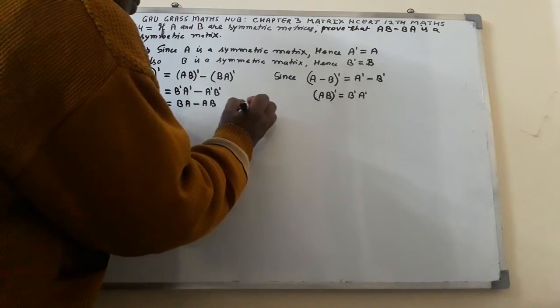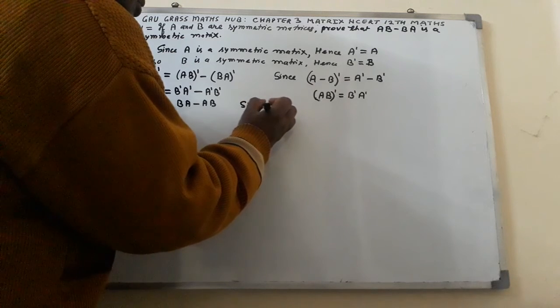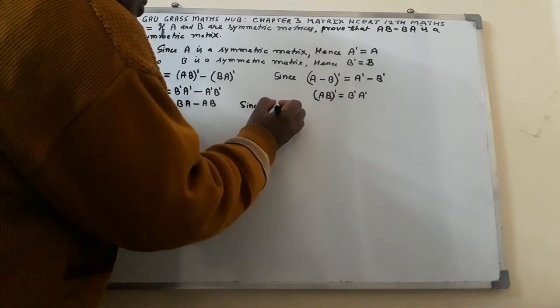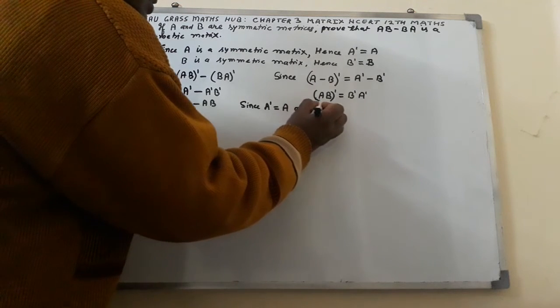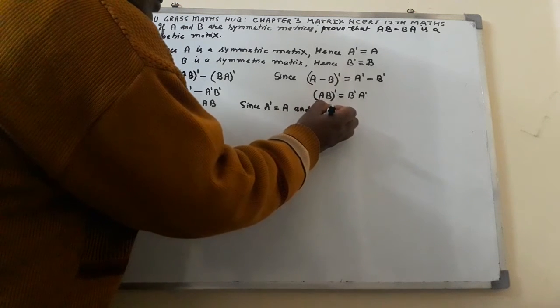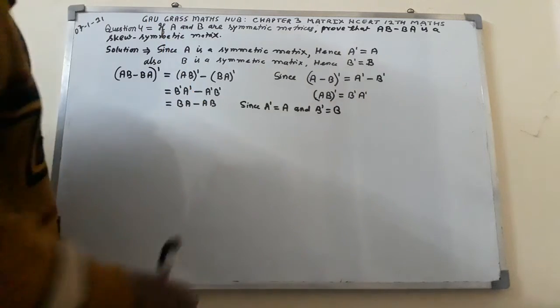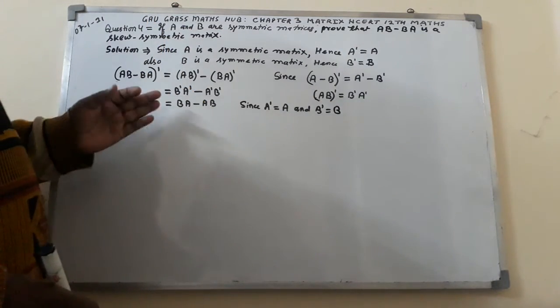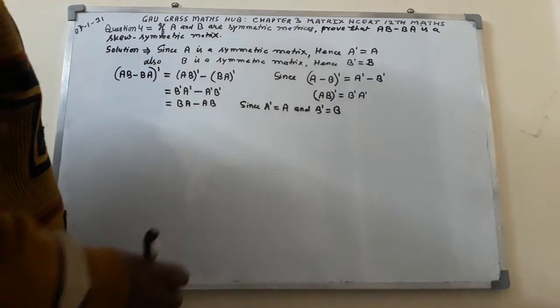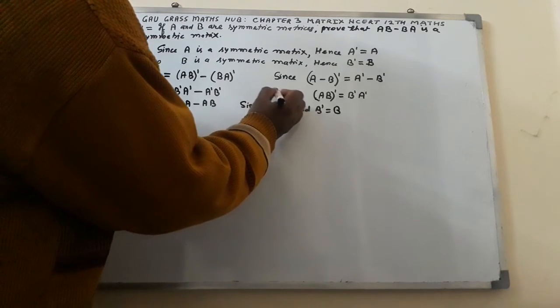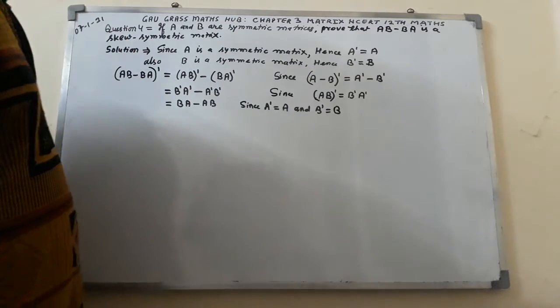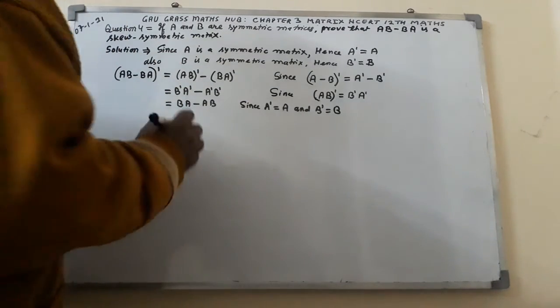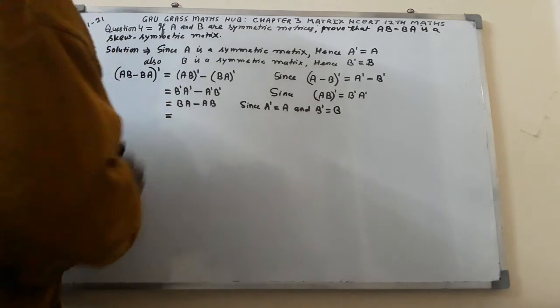Since A dash equal to A and B dash equal to B, we can write very well. Now again I shall write imply equal to.